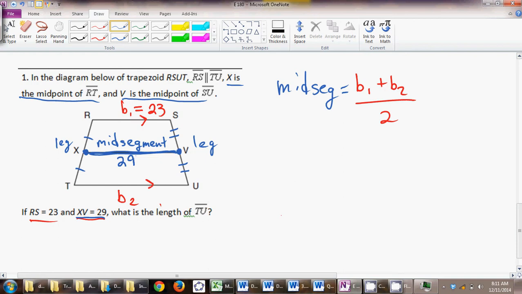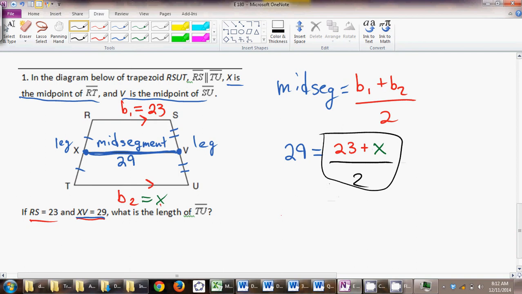So, I'm going to do it in green, we don't know what base 2 is, so I'm going to call that X. So when I substitute into my formula here, I have mid-segment is 29, it's going to equal one of my bases, 23, plus my other base I don't know, X. And we're dividing that by 2 because we're taking the average of the bases. If I take the average of the bases, that must give me my mid-segment.